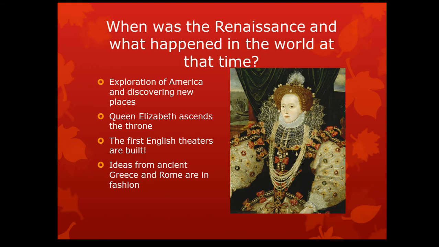Virginia was actually named after the Queen, Elizabeth, who was known as the Virgin Queen. And Queen Elizabeth is a very important historical figure. She was one of the greatest queens in England of all time, right? Huge impact. And the first English theatres were built, which is kind of cool.